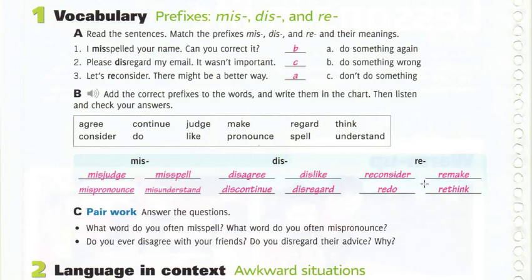So we have the verb, and we're going to do it again, or redo it, and it's reconsider, remake, redo, and rethink. And that's how we use the prefixes miss, dis, and re in front of a verb.